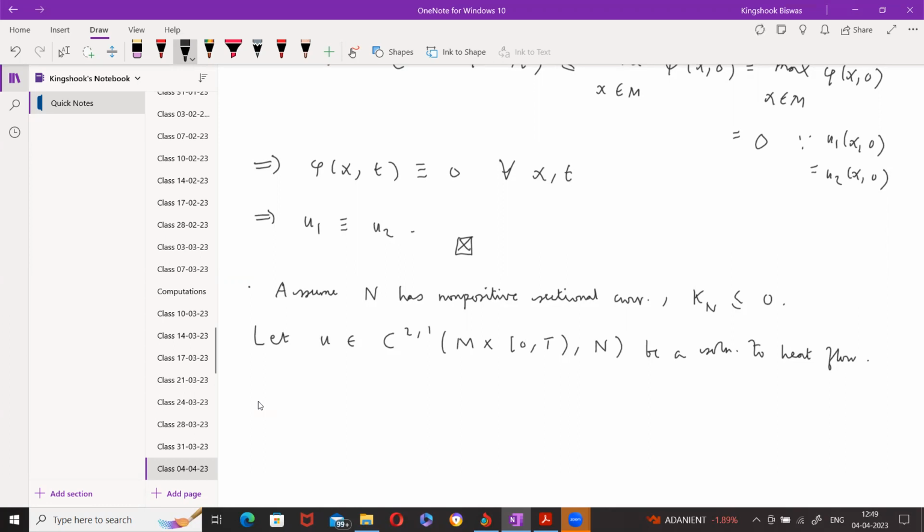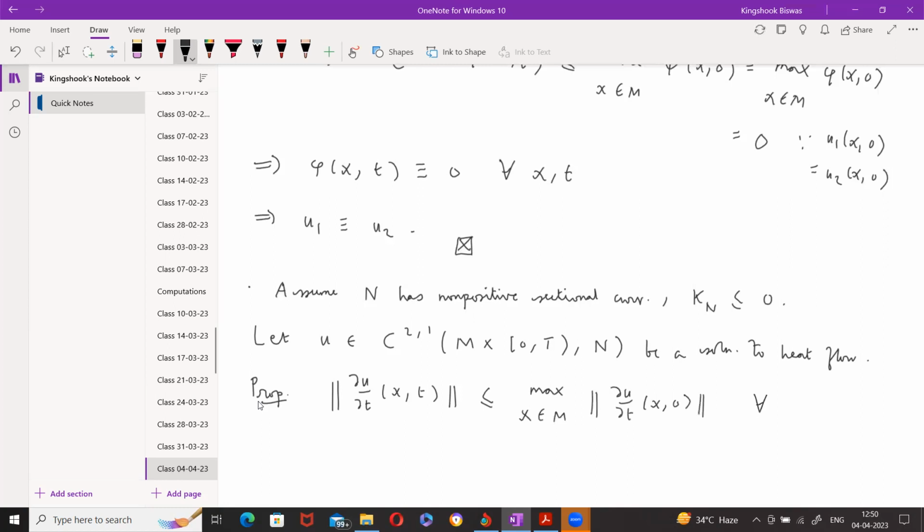Then the first proposition is that the norm of del U del T at xt is less than or equal to the max over x in M of the norm of del U del T at x comma 0.